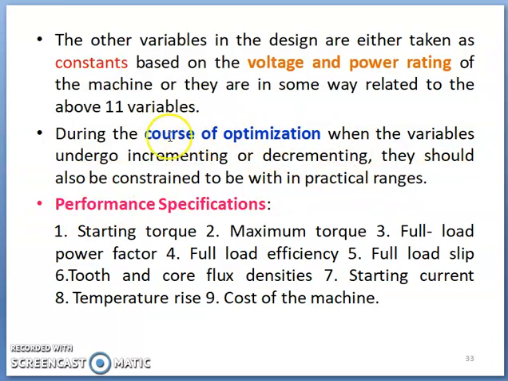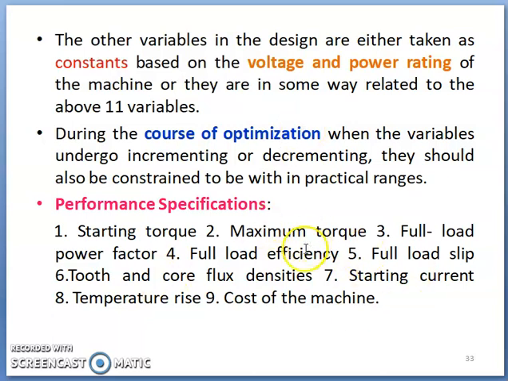During the course of optimization, depending upon the desired output, several iterations are done, and through the iterative process, whatever design parameters are finally obtained should match or come in line with the performance specifications given by many national and international standards. Then the desired performance parameters for the induction motor, based on different variables and constants, are fed to the computer.